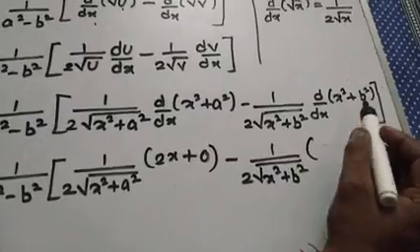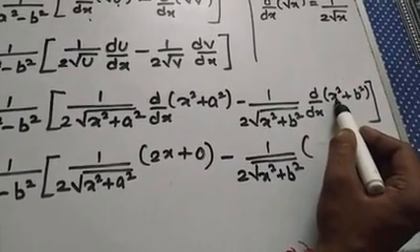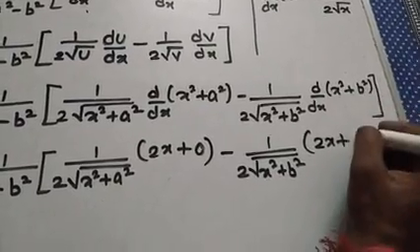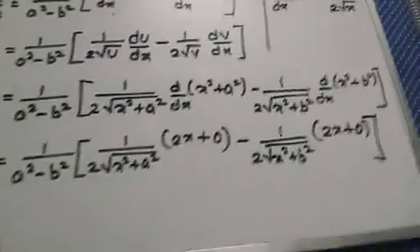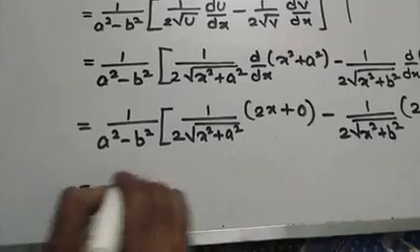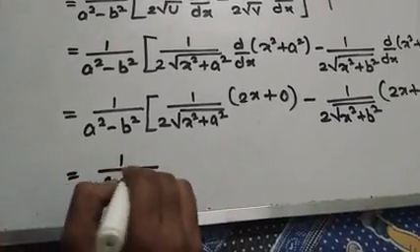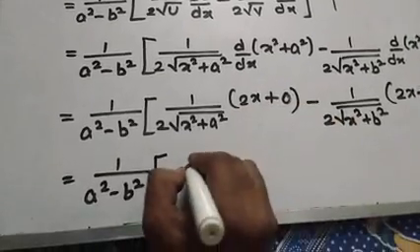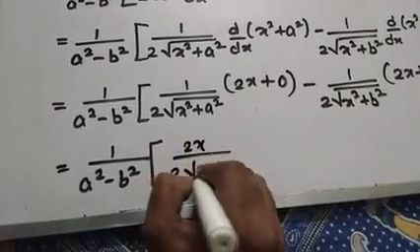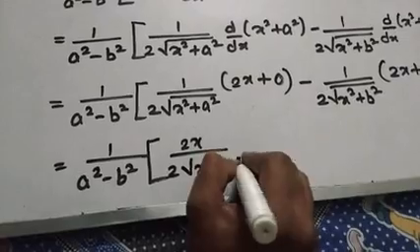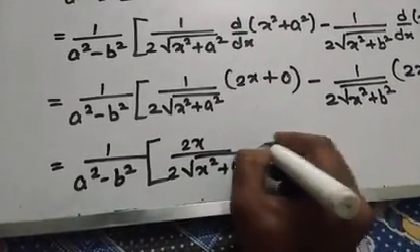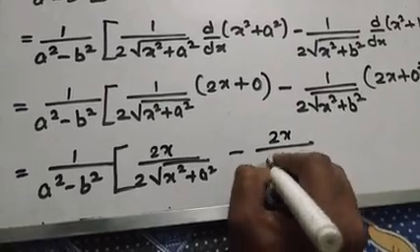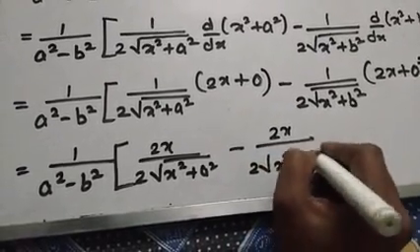Again here the same, the derivative of x square is 2x and b square is a constant so its derivative is 0. So simply 2x plus 0, 2x by 2 into root over x square plus a square, minus 2x plus 0 is 2x divided by 2 into root over x square plus b square.